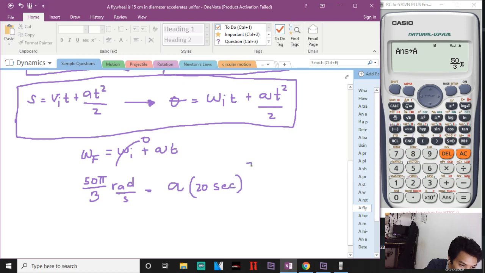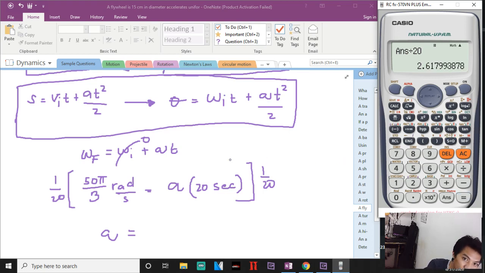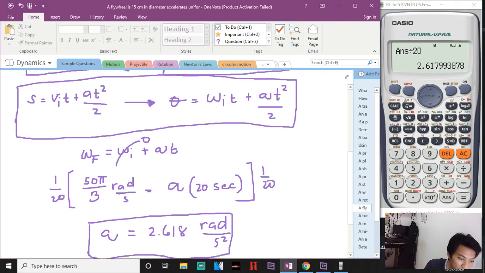We divide both sides by 20 seconds. So, will result to acceleration na, divide by 20. So, you have 2.618 radians per second squared. Okay. So, ganun lang kadali ang rotational motion kapag alam mo yung basic motion.